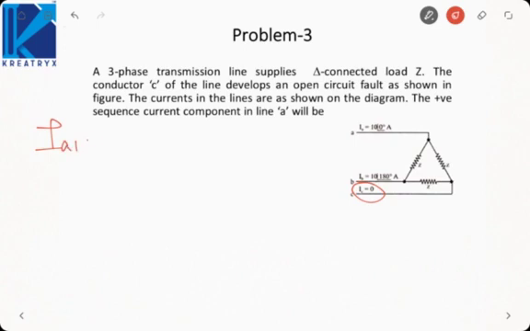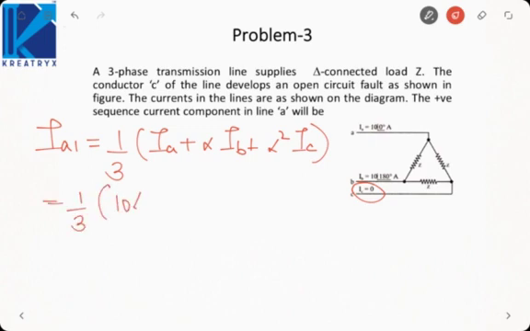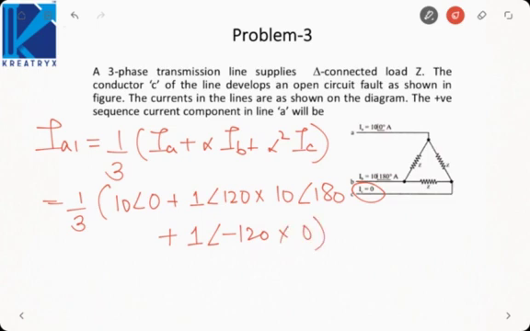We need to find positive sequence component in A. We know IA1 will be 1 by 3 (IA plus alpha IB plus alpha square IC). That is 1 by 3 [10 angle 0 plus 1 angle 120 multiplied by 10 angle 180 plus 1 angle minus 120 into 0].